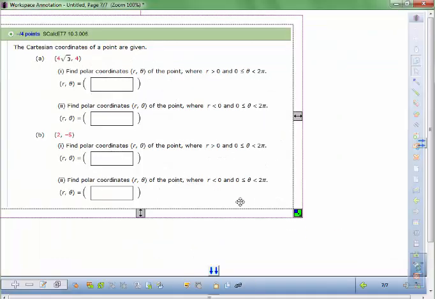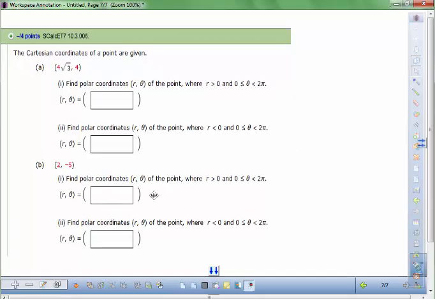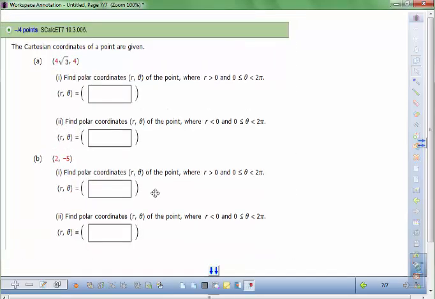So this will give you a good idea of how polar coordinates work out and how they end up repeating, and how one Cartesian coordinate point might be represented by multiple polar coordinate points.